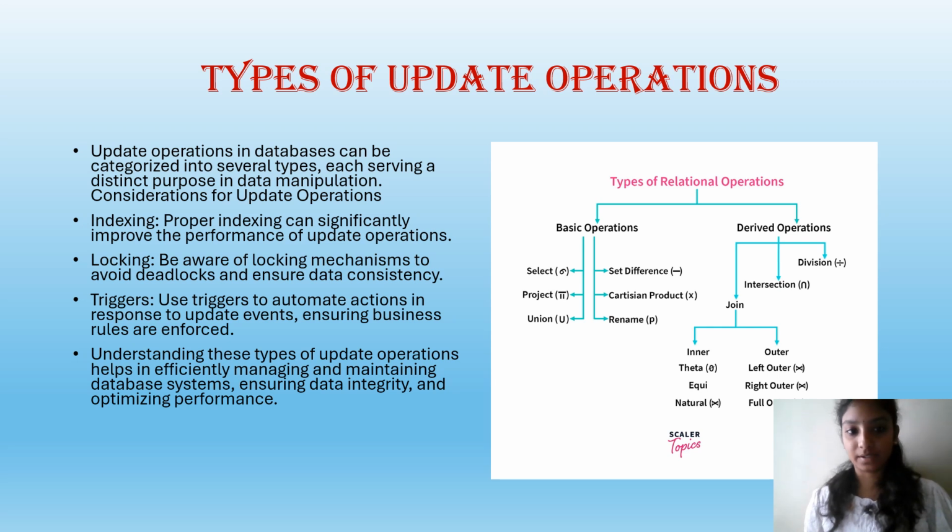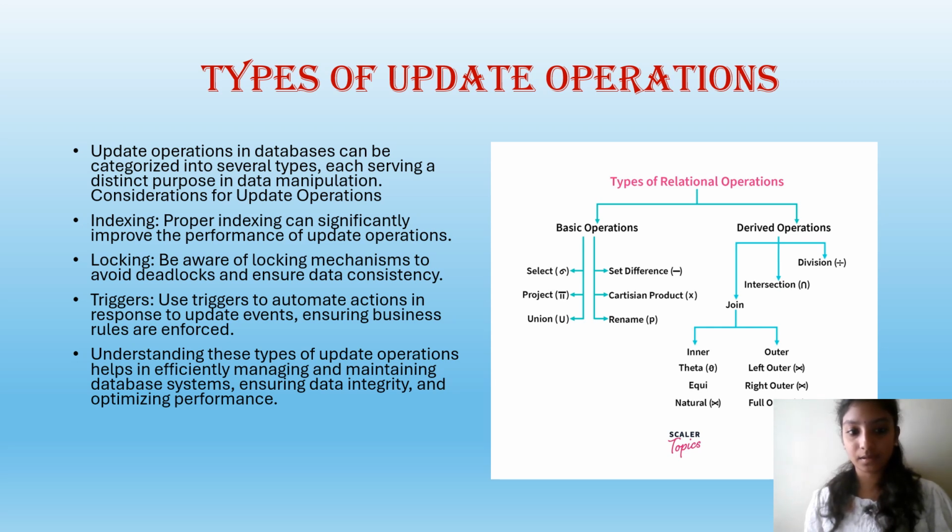Types of update operations. Update operations in databases can be categorized into several types, each serving a distinct purpose in data manipulation. Considerations for update operations. Indexing: proper indexing can significantly improve the performance of update operations. Locking: be aware of locking mechanisms to avoid deadlocks and ensure data consistency.